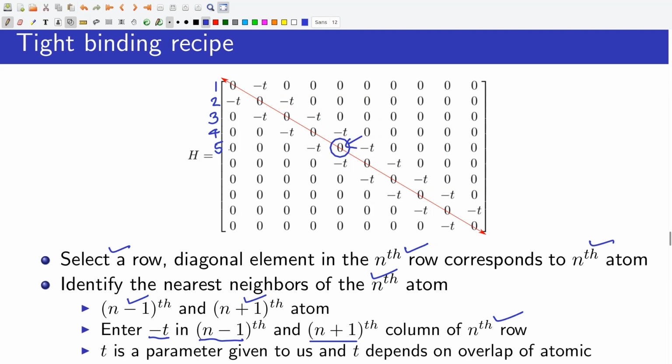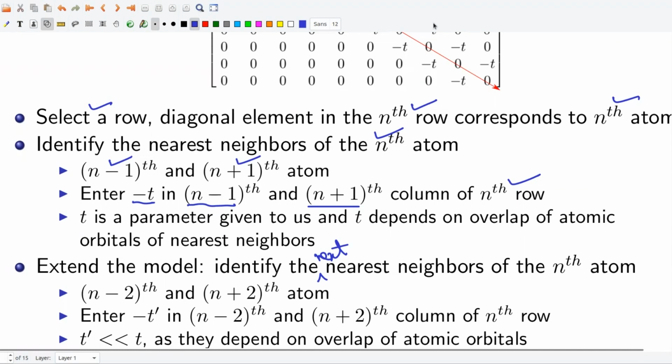So, we take the 5th row and we go to column 4 of the 5th row. 1, 2, 3, 4. So that means this is the column 4 of 5th row and this is the column 6 of 5th row. And we enter -t in both the places. Remember that t is a parameter given to us and t depends on overlap of atomic orbitals of the nearest neighbors.